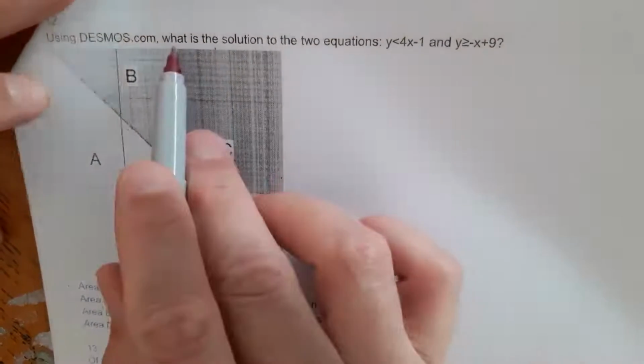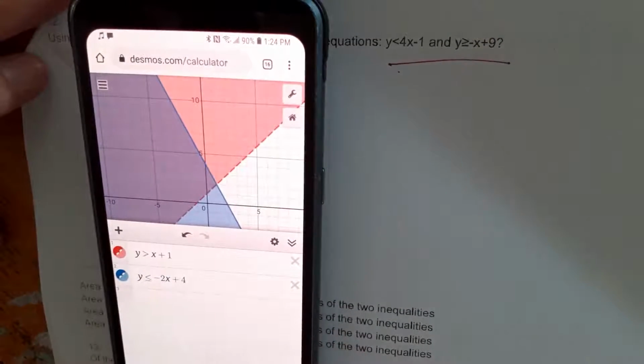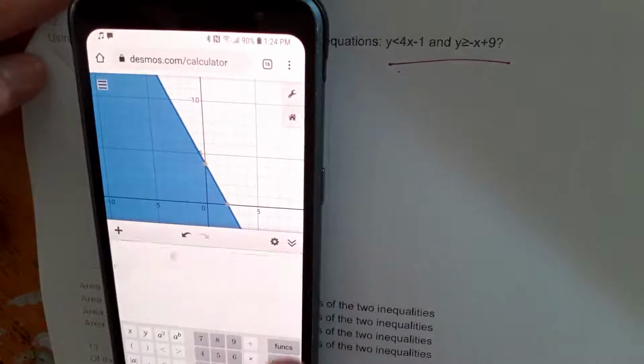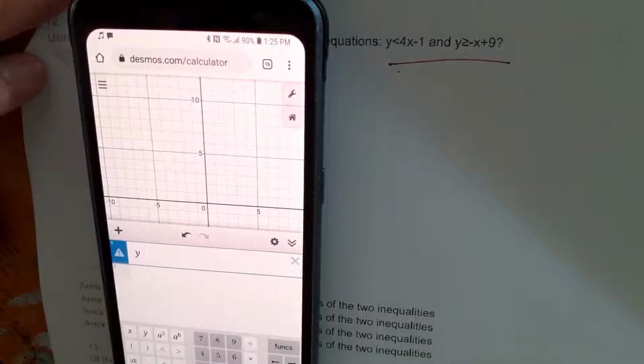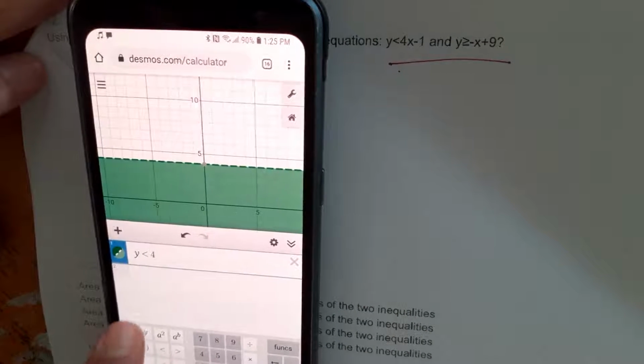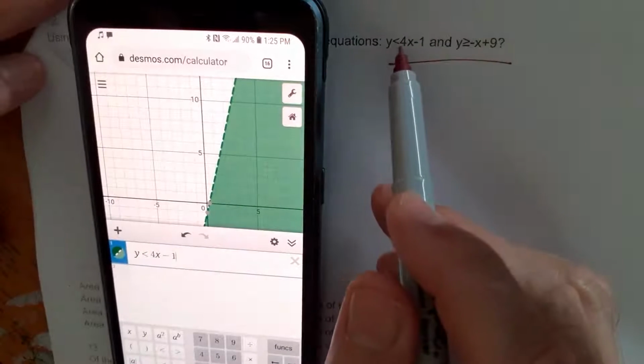All right, using Desmos, what's the solution to these two? I might as well just start over, it might be easier. y is less than 4x minus 1.